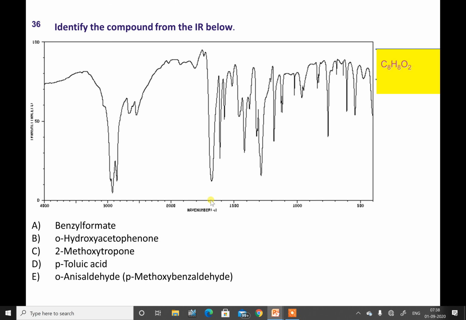This is coming slightly less than 1700, and here this is an ester, this is a ketone, this is a keto acid. I rule these two out. Mostly I support this. No, it's para-toluic acid. Okay, it's para-toluic acid, because of this.